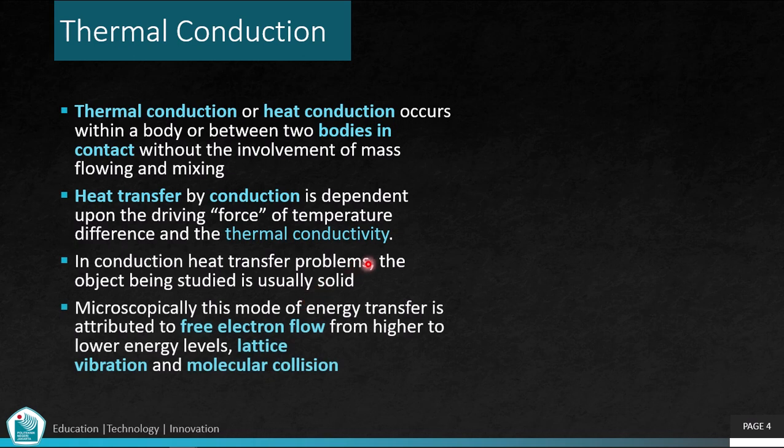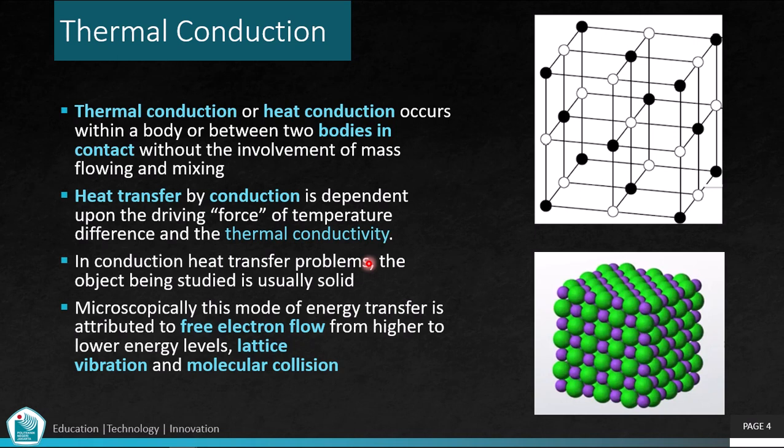Microscopically, this mode of energy transfer is attributed to the free electron flow from higher to lower energy levels, lattice vibration, and molecular collision. So this is an example of what is called the lattice, the lattice in a solid material.